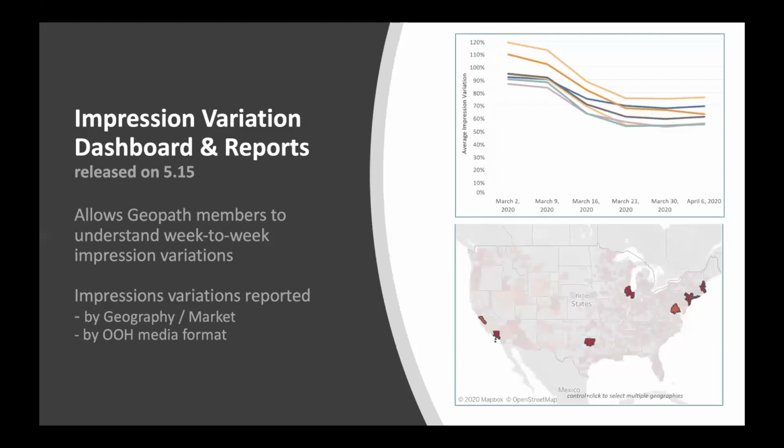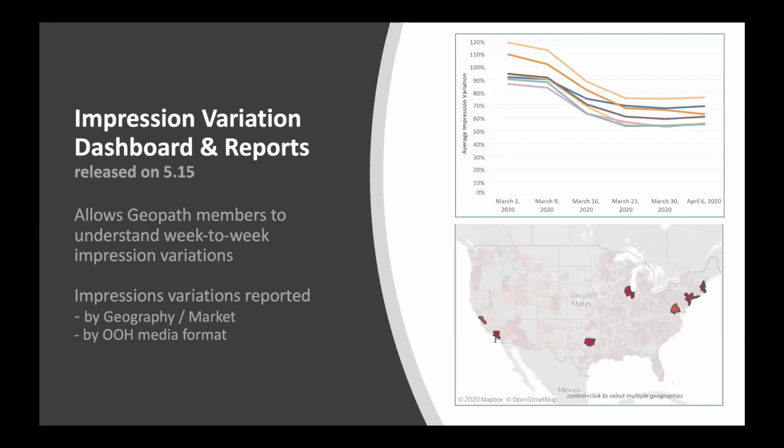And the other product that we released is the impression variation dashboard, and that was on May 15th, just over a month ago. This allows members to understand the week-to-week impression variations. If you've been in the tool, you'll know this already, but if you haven't, it's by media format and by market, looking at CBSA level information.